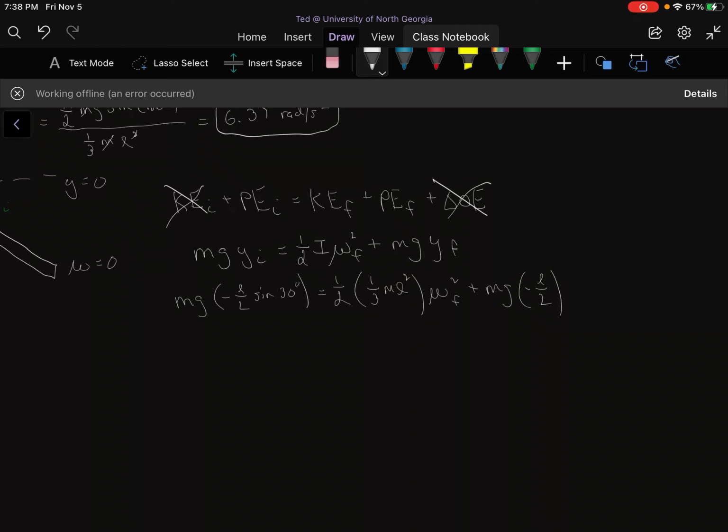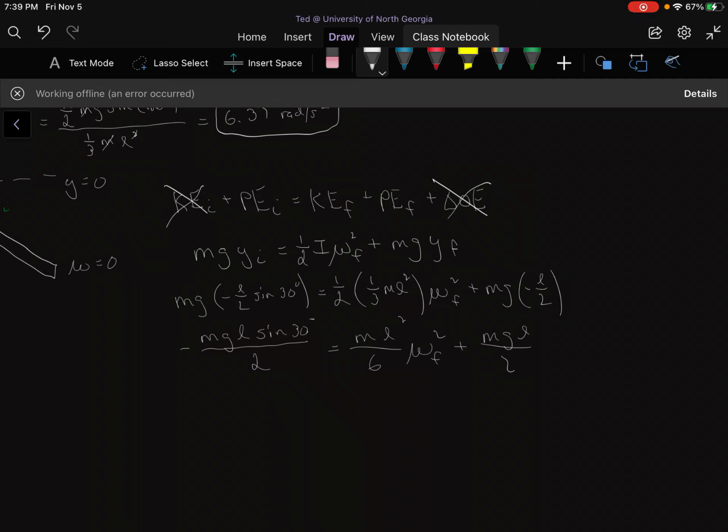Let's see what we can do with it. It ought to simplify some. We have minus mgL sine of 30 degrees over 2 is equal to ml squared over 6 omega final squared plus mgL over 2.